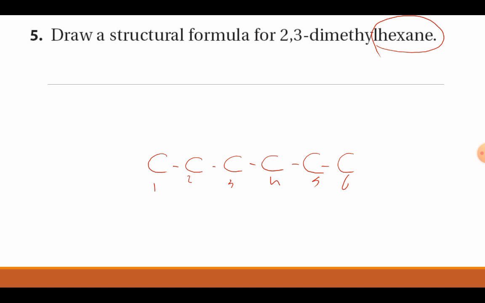He said what? 2 and 3. So, there is a group attached to 2, and attached to 3. Di, so they are similar groups. Di means the both are the same. Methyl, CH3, CH3. Finished. Thank you. Did we finish? No, still filling the spaces around the carbon with what?